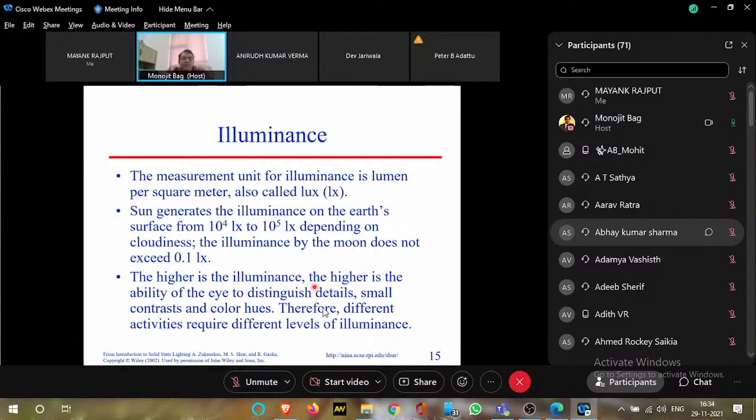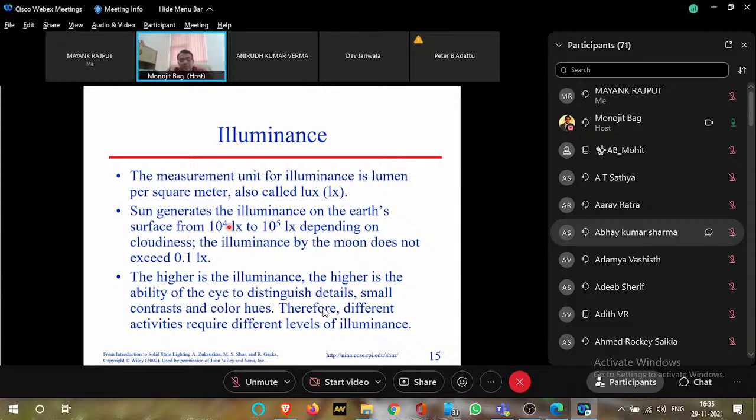That's the lux. Right? And if you look at the sunlight that we get on the Earth's surface, that varies from somewhere like 10⁴ to 10⁵ lux, depending on the cloudiness. If there is clear sky at noon, probably you'll get more than 10⁵ lux.